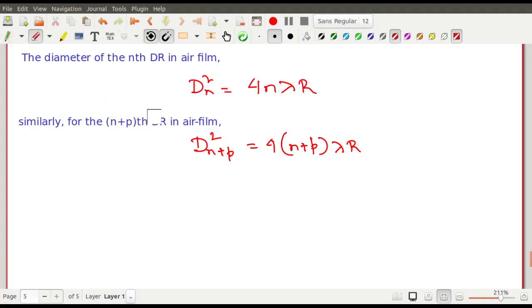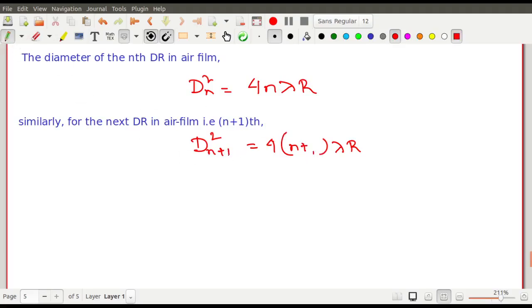So for the next dark ring in air film, that is n plus 1th, I shouldn't use p, but I should use 1.